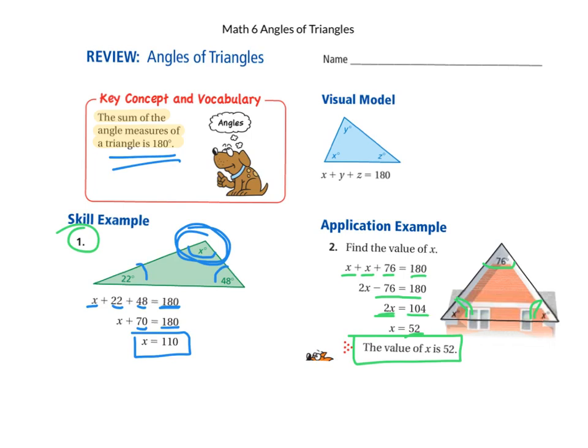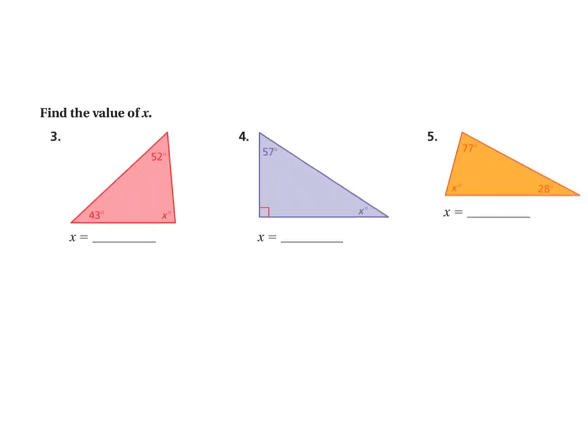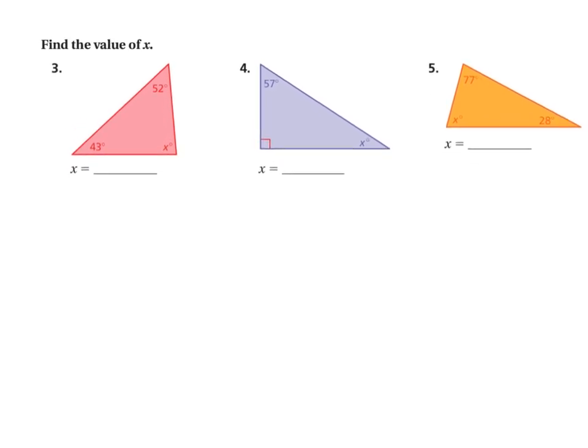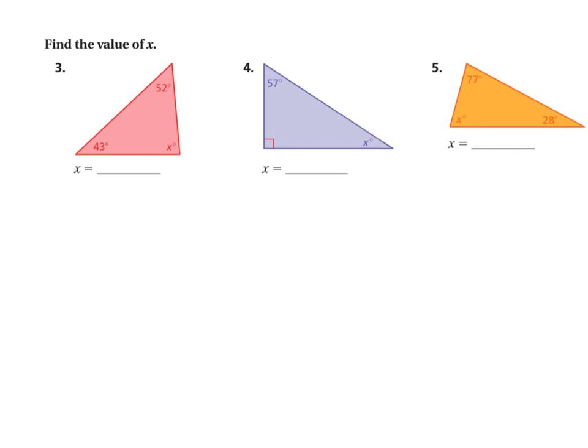All right, so let's practice a couple of these. If you want to draw these in your journals, pause the video and take a moment to draw these. We're going to do each of these. All right, so for the first one, we have 43, 52, and x. So you're going to say 43 plus 52 plus x equals 180.